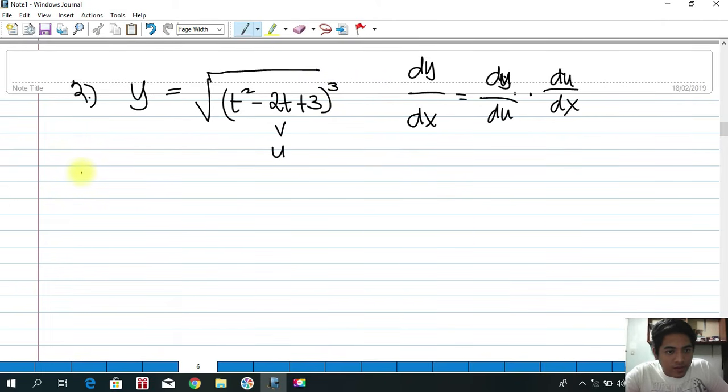If we set u equals t squared minus 2t plus 3, then y is simply this raised to 3 and inside the square root, so definitely this is u raised to 3 halves. 3 halves because this u is raised to the third power and it is evaluated in a square root. So we have u raised to 3 halves.